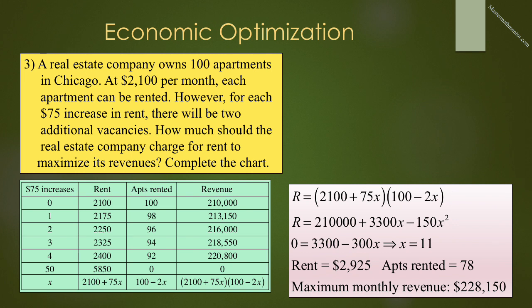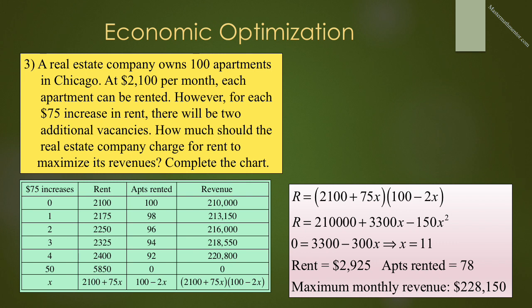So the solution is now fairly easy. The revenue is the product, 2,100 plus 75X times 100 minus 2X. Expanding that, we get 210,000 plus 3,300X minus 150X squared. We take the derivative and set that equal to 0, and therefore 0 equals 3,300 minus 300X, and X is equal to 11.